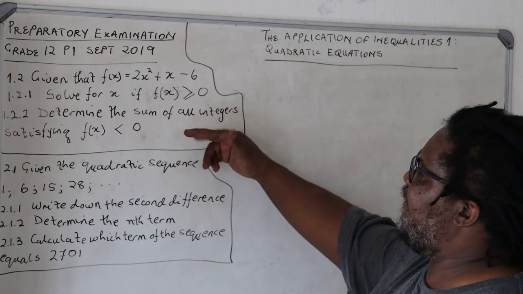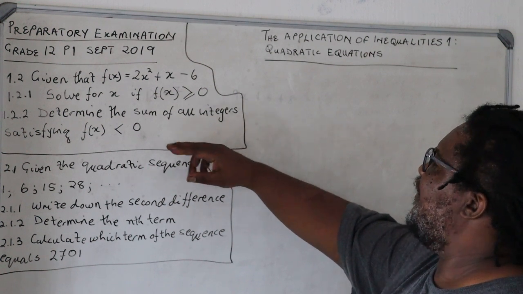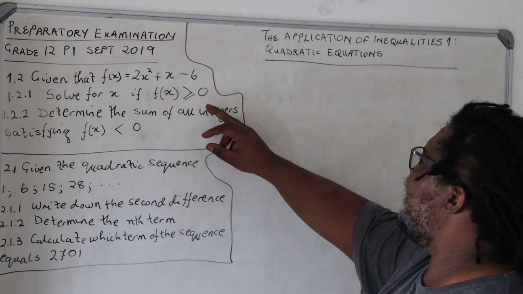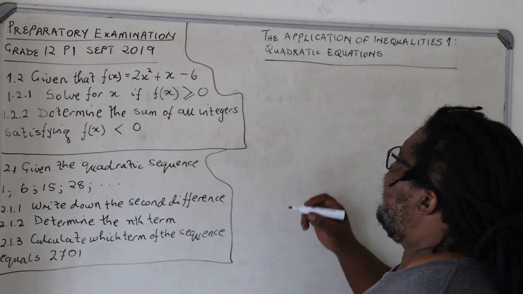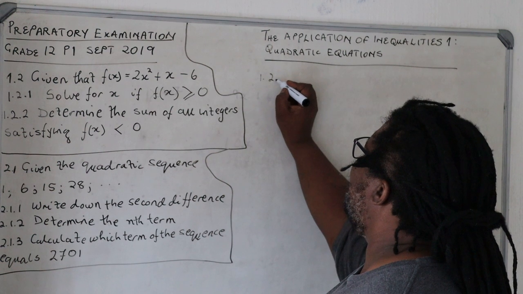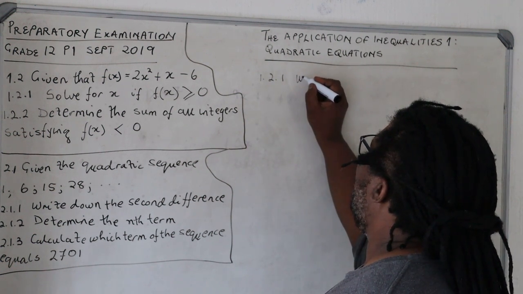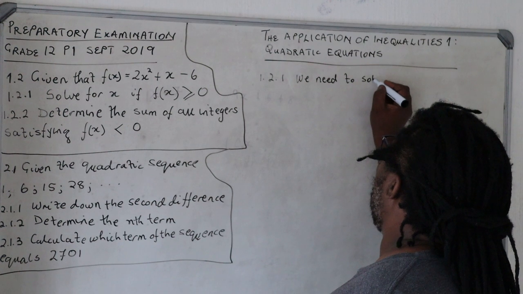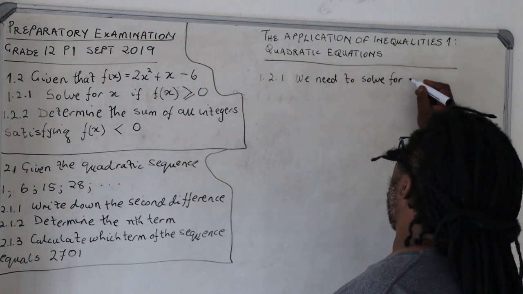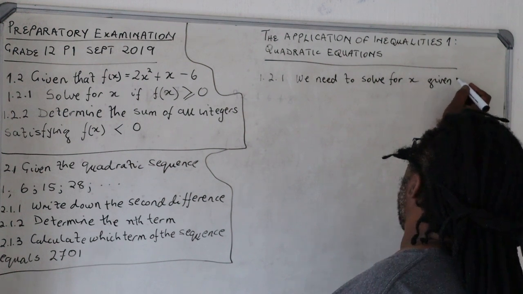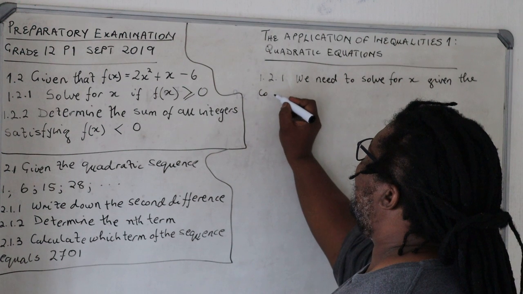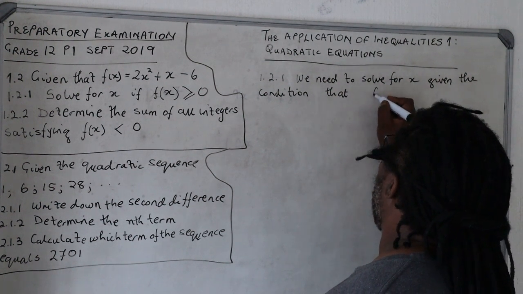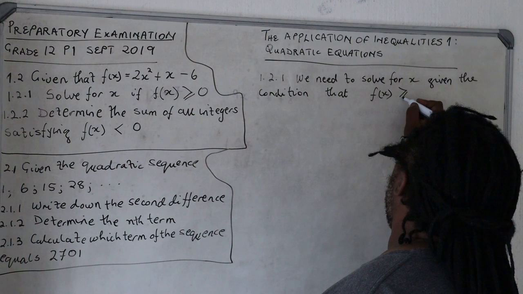So this question has two sub-questions. The first sub-question, 1.2.1, says solve for x if f of x is greater than or equal to 0. So we need to solve for x given the condition that f of x is greater than or equal to 0.